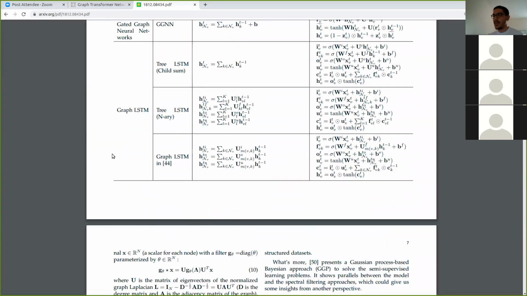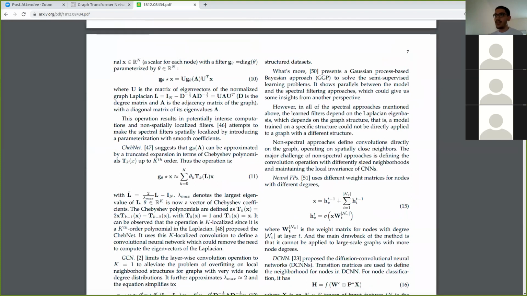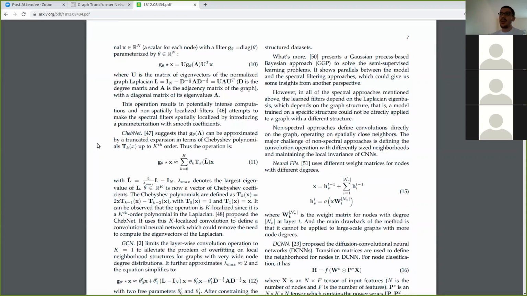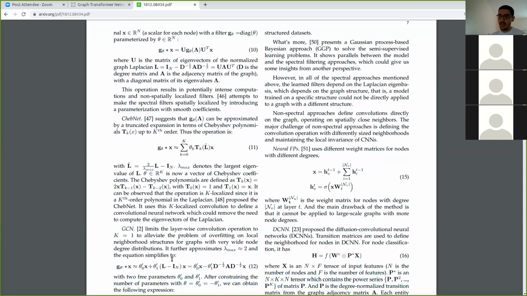So we see here that this is the convolution operation. I just want to note that this applies to a scalar for each node. Of course, we are interested in a vector for each node, and it will be generalized to that in just a moment.